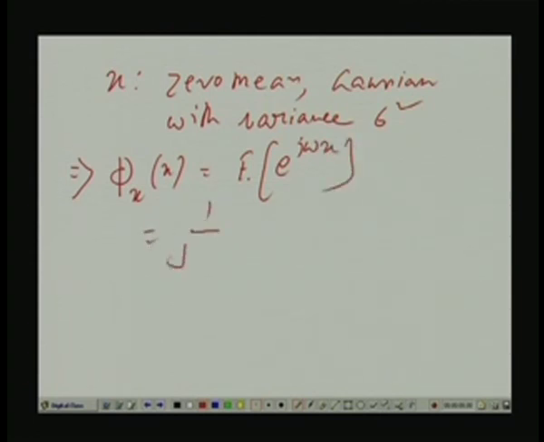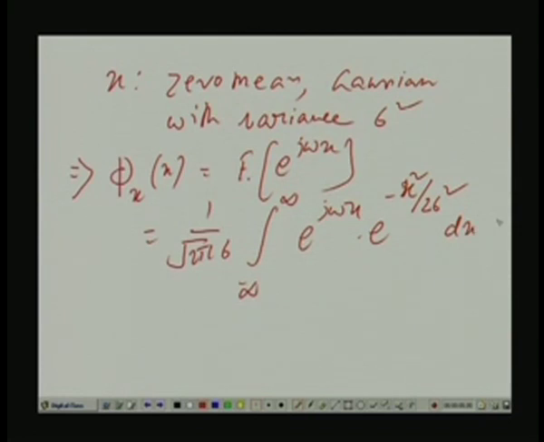This is nothing but the integral of e to the power j omega x multiplied by the probability density, e to the power minus x square by twice sigma square, dx, because it is Gaussian.